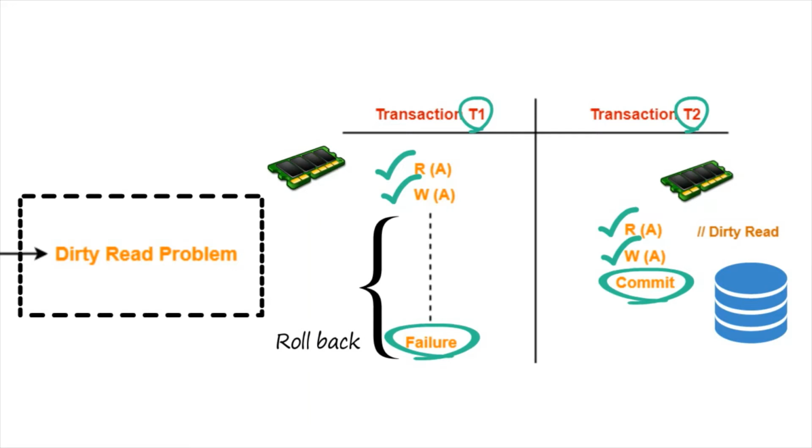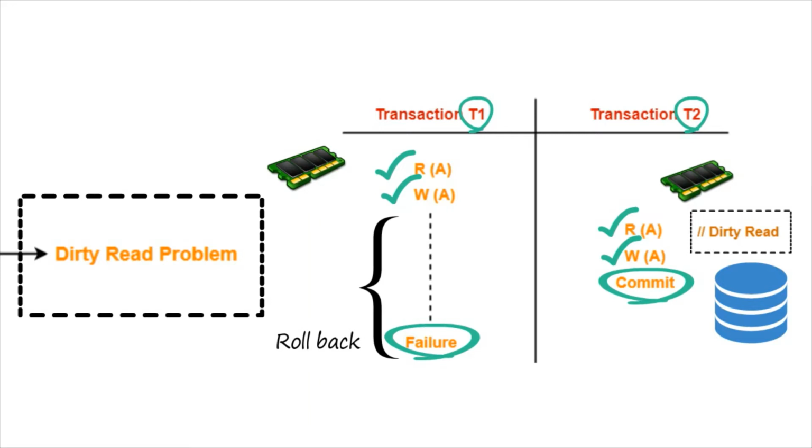Basically here T2 reads the dirty value of A, which is written by the uncommitted transaction T1. So what is the meaning of this sentence? Whatever value is read by transaction T2, this value is not stored in the stable storage.